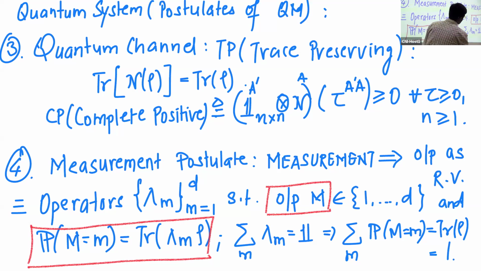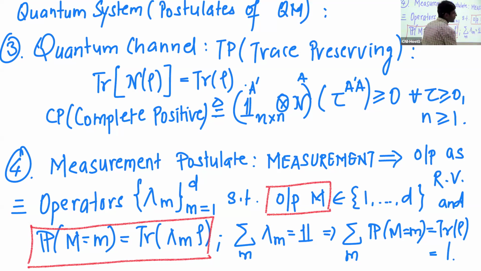So this is a matrix which lives in the tensor product of the Hilbert spaces on A prime and A. And if this output state turns out to be bigger than or equal to 0, or positive semi-definite, when the state tau was positive semi-definite for every value of the dimension n, then I say that the underlying channel is a completely positive channel.